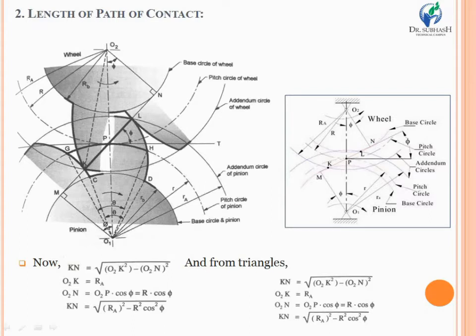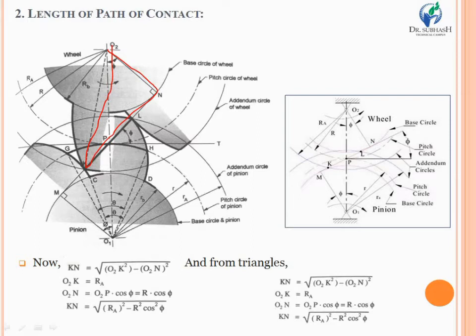So ultimately, from the right angle triangle O2KN, that means O2, N and K, if you consider this triangle and use the Pythagoras relation, you can write KN equal to under root O2K square minus O2N square.